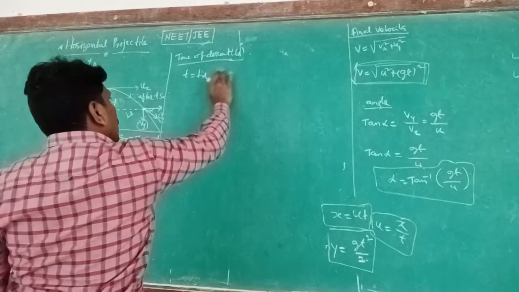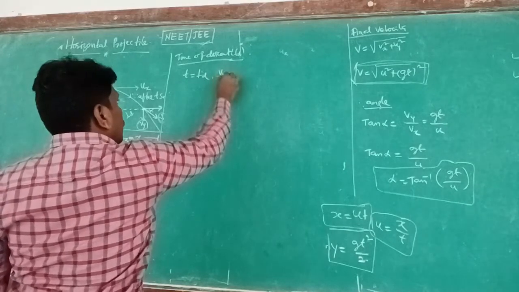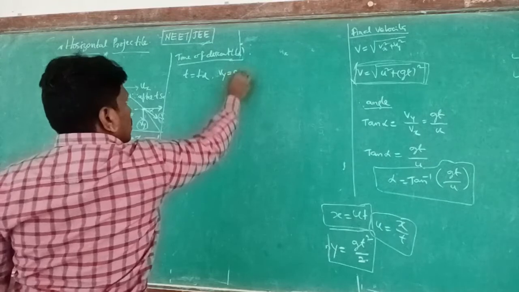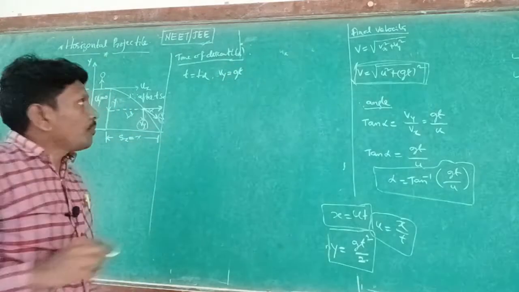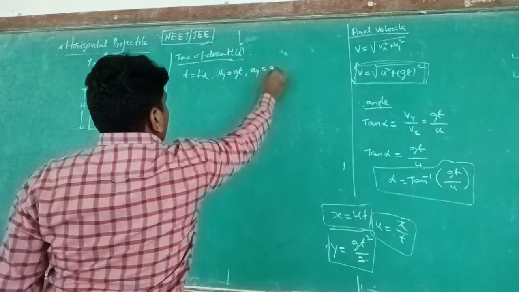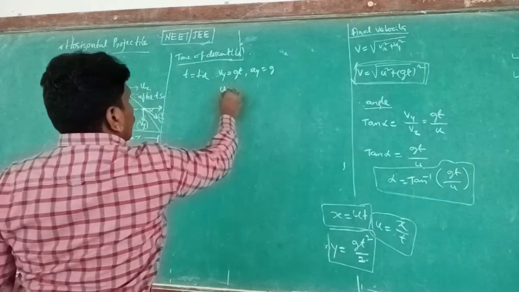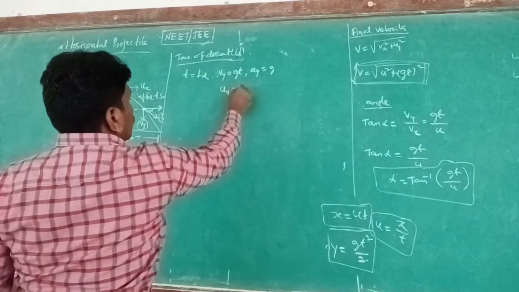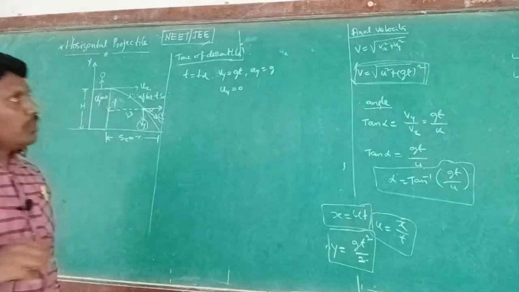Vy is equal to gt, already we have seen. Then ay is equal to g, and uy is equal to 0.